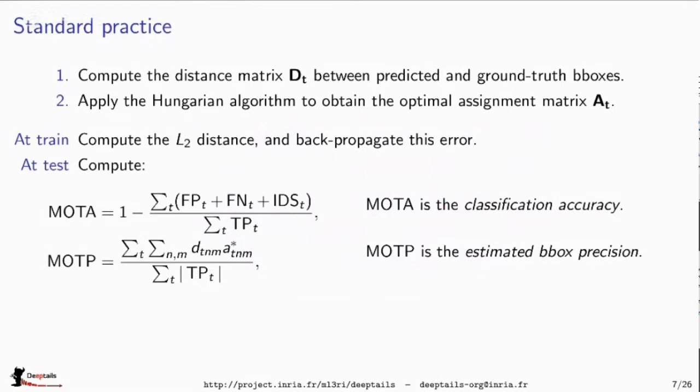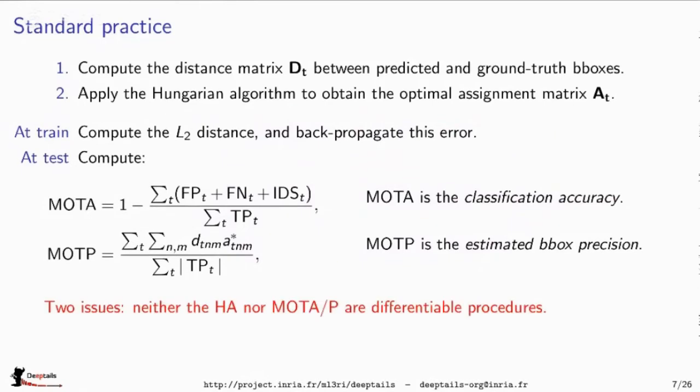And this, of course, is an error that has to be computed as well. And then for the multiple object tracking precision, this is basically the average distance error of those bounding boxes that are assigned to a ground truth object. So as we said, here we have two issues.